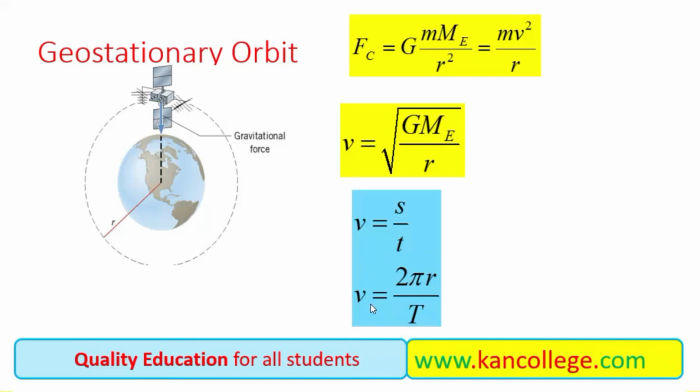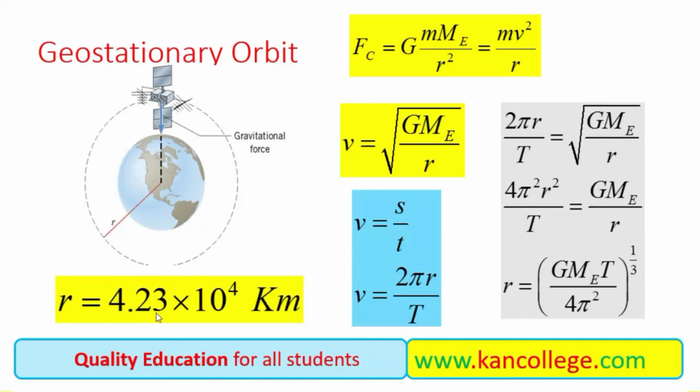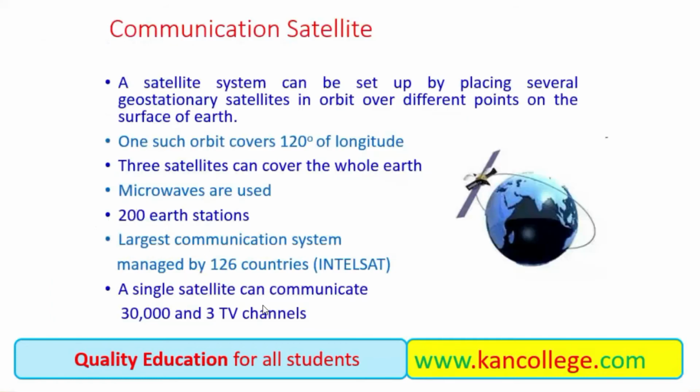So speed can also be obtained by using this formula. Comparing these two formulas, we can get the radius, which is equal to 4.23 into 10 raised to power 4 kilometers. So a geostationary satellite is a satellite which rotates in an orbit of radius 4.23 into 10 to the power 4 kilometers.